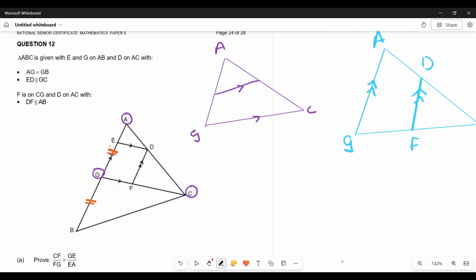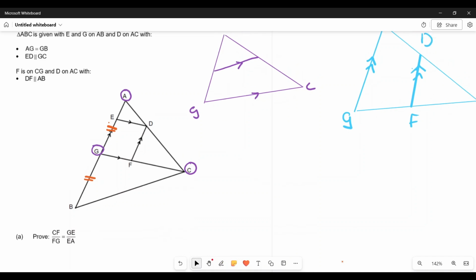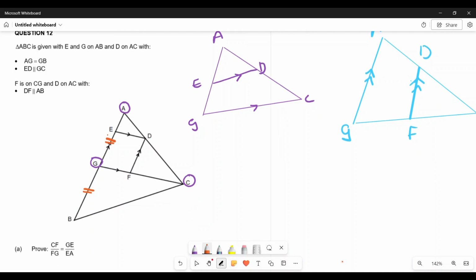So now, first question, we need to prove that CF over FG. Okay, let me name this triangle here. This line here is ED. So now I need to prove that CF over FG. Let me look at which triangle I can make use of for that ratio, CF over FG.